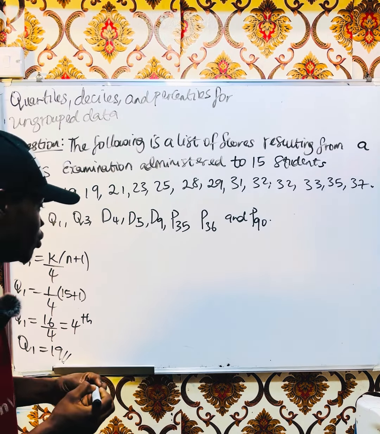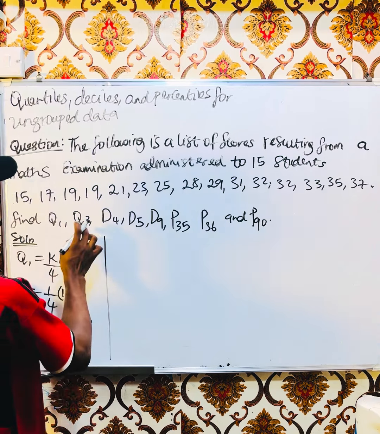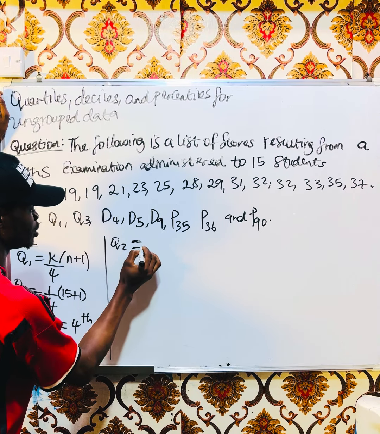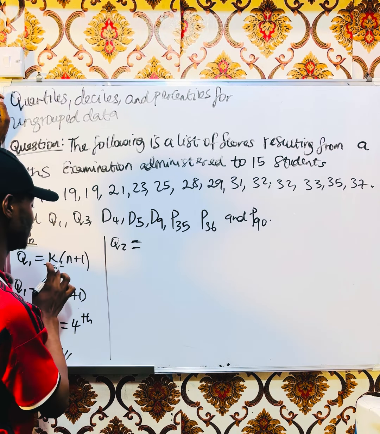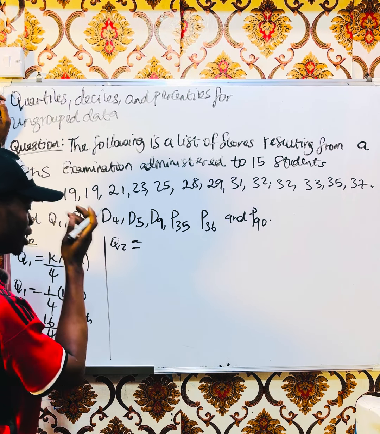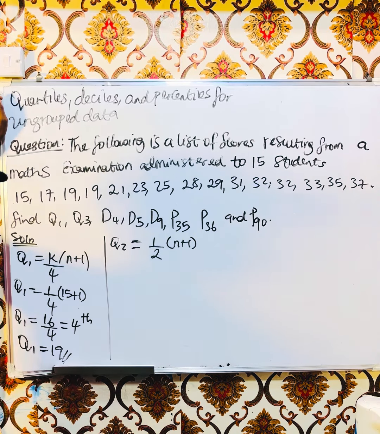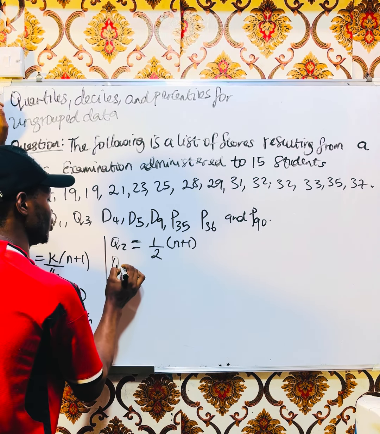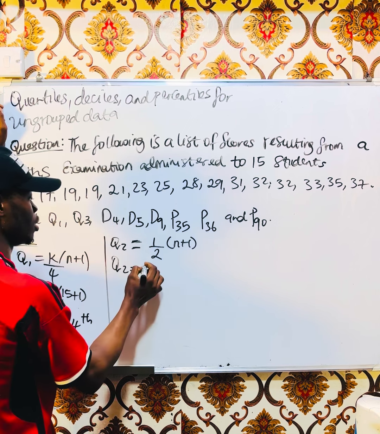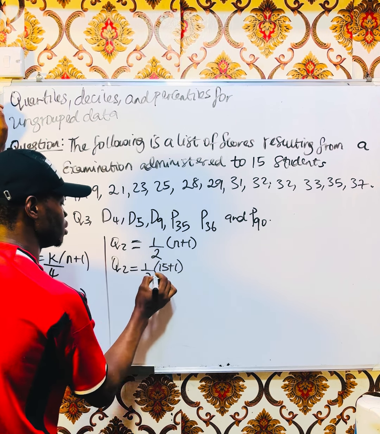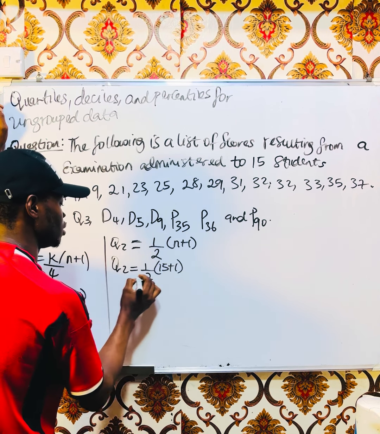That's the value for Q1. Before Q3, let's look for Q2. I know it's not in the question, but let's look for it. Using the same formula, Q2 is our median, so we have 1 over 2 times n plus 1. That's the median formula. So Q2 is 1 over 2 times 15 plus 1, which is 16 divided by 2, which is 8.